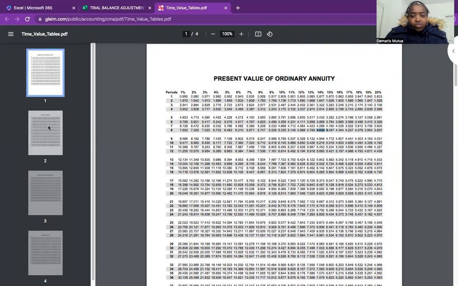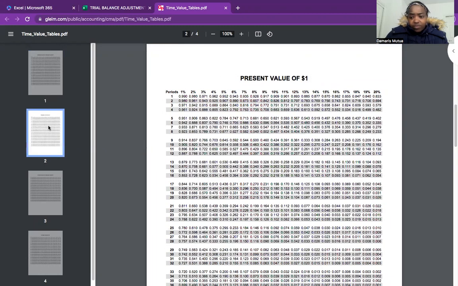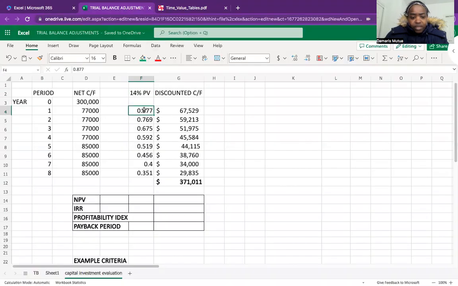So we're going to be using the present value of a dollar, and our hurdle rate is 14%. So for the first year, 0.877, and year 8, 0.351.